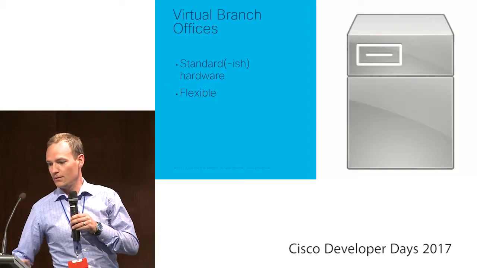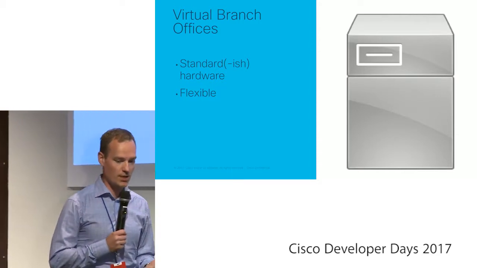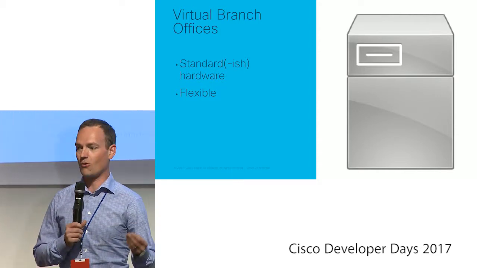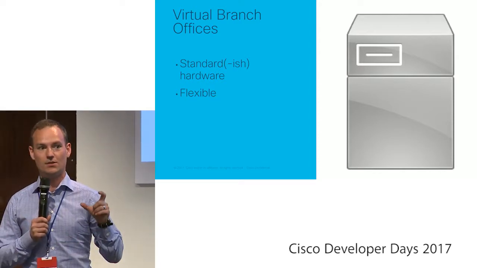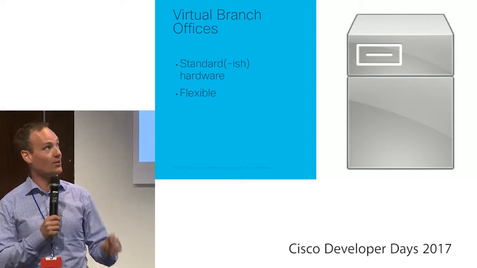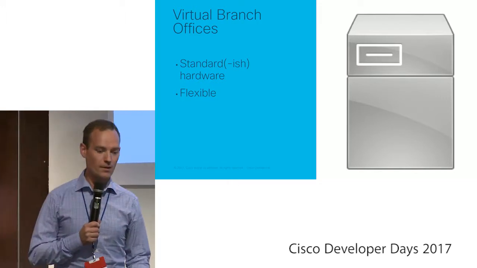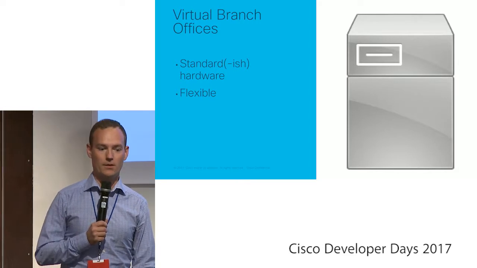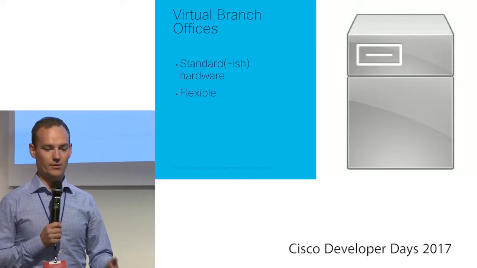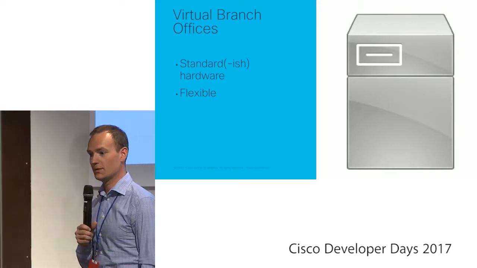And the idea with these virtual branch offices is that you take standardish hardware, because for example, the ENCS is x86 hardware, but it does have some hardware in it, I totally lost the word, to increase network performance.